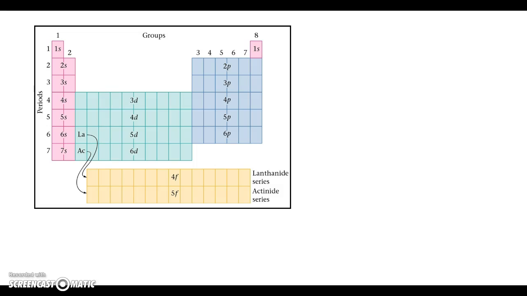This was a very useful table that we handed out in class that helps us when we try to write electron configurations for different atoms. We are going to read this chart like we read a book, from left to right, starting at the top left corner.